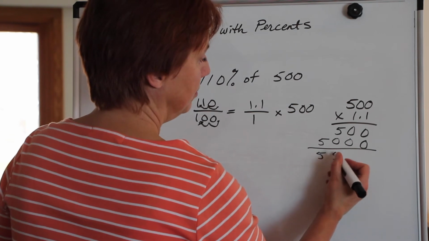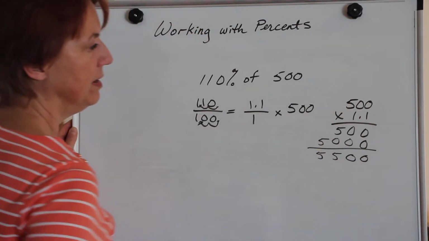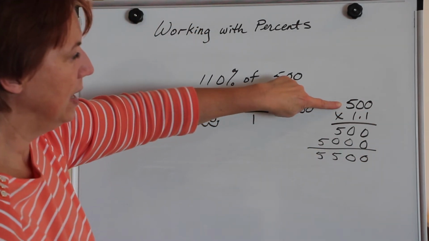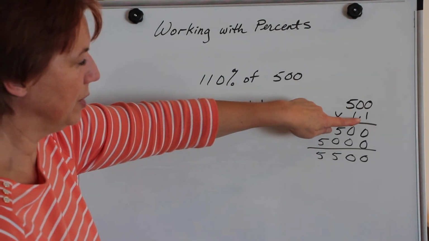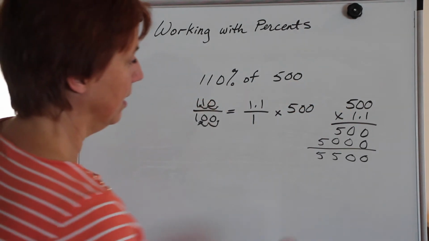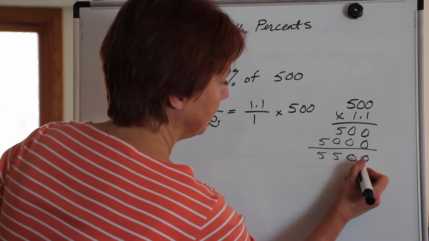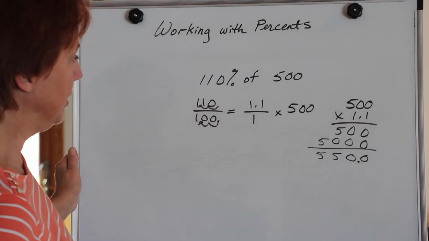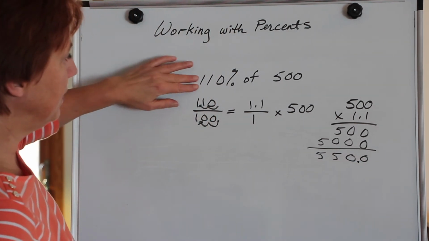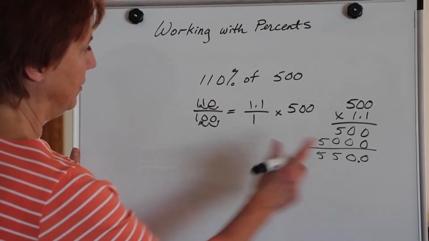Add up your columns and look at how many decimal places you have in what you were multiplying. You have 1 decimal place only. So that means your answer also has 1 decimal place. So 110% of 500 is 550.